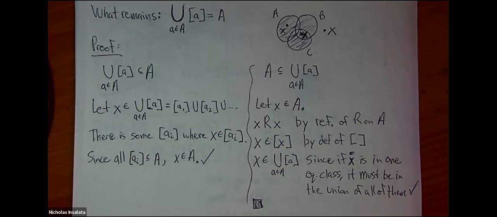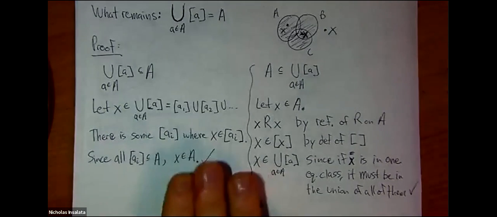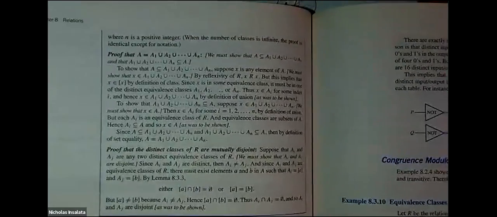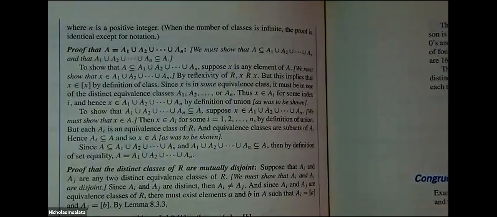So I did want to say that this proof, all the proofs we did today, are in your book. I was just following the chapter, okay? But I tried to make it more understandable than your book. Here, let me show you. Here's how your book does it. Not as pretty.